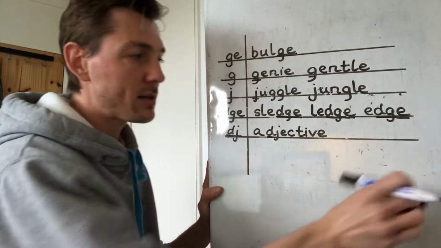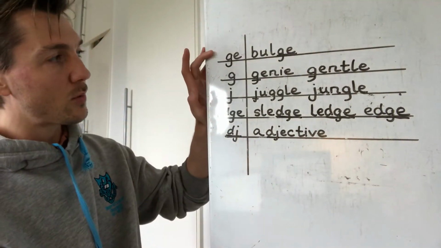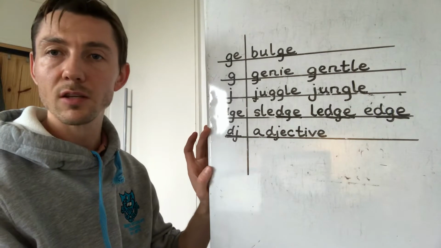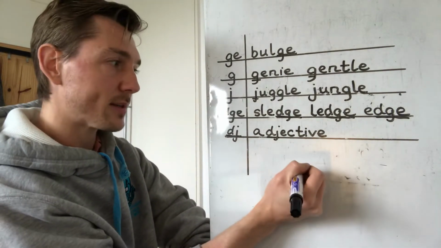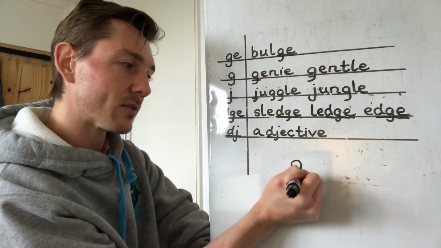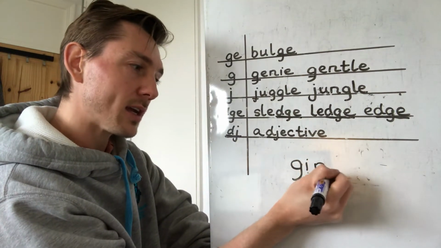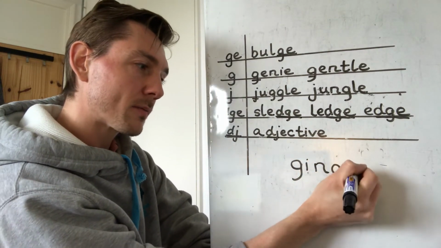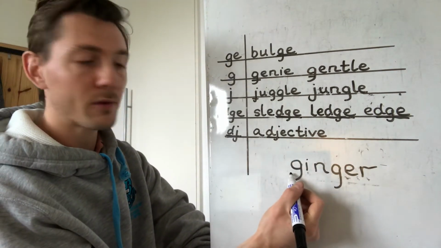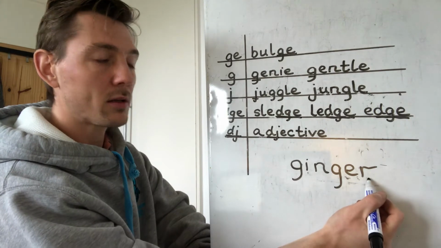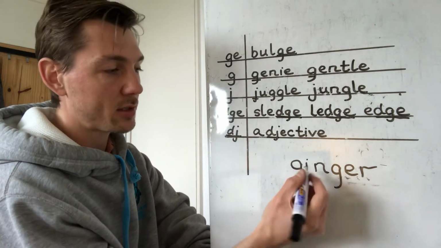So the next word, we're going to have to think, which one of those 5 sections that we already have is this word going to fit into according to its spelling of the j sound, okay? So the word is, after 3, 1, 2, 3, ginger.